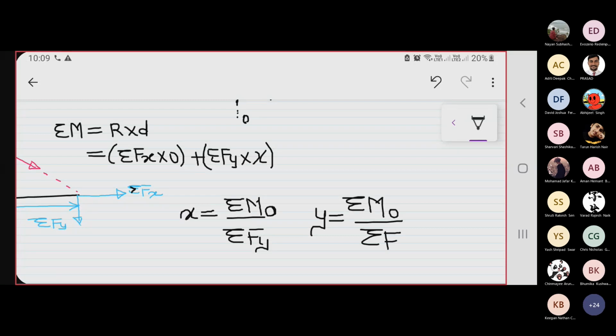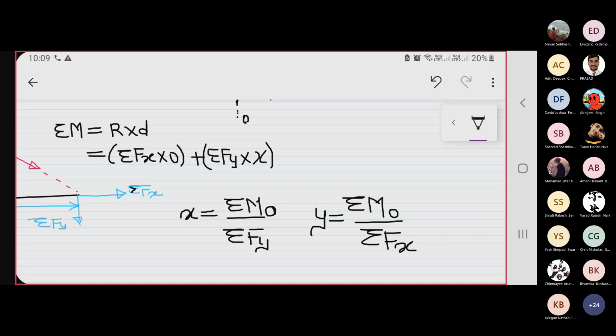Similarly, you can prove and calculate the y-intercept as summation of moment at point O divided by summation of forces in x direction. I know for many people this is a bouncer. They don't know what I did just now. But don't worry, when we go for a numerical problem, you will easily understand what I was doing.